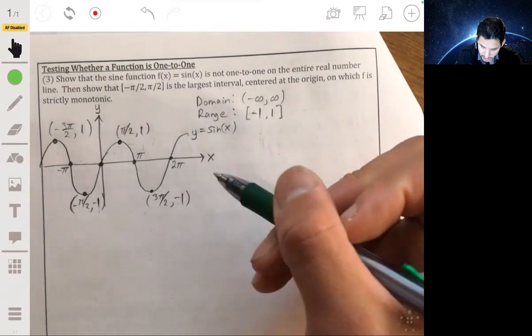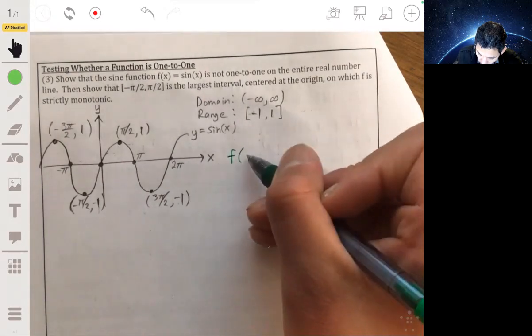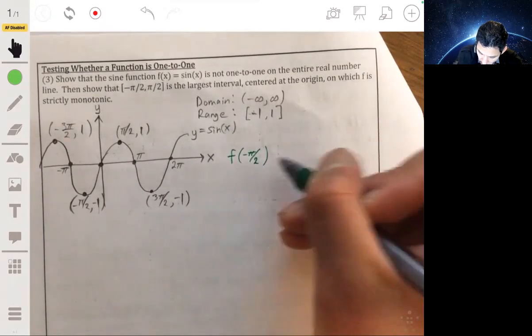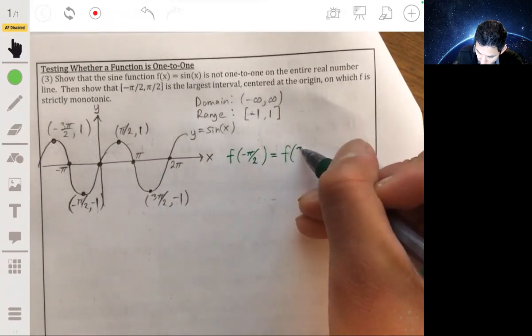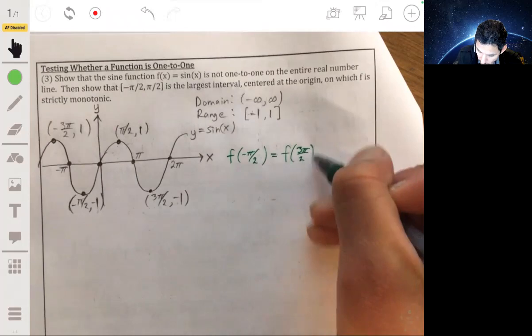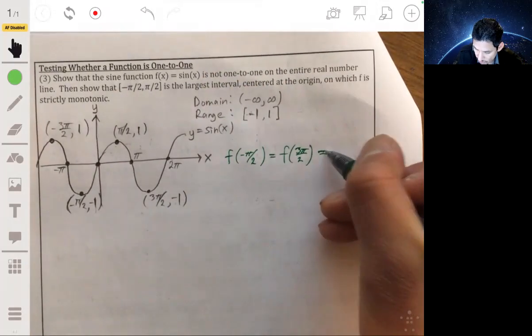Like you can show easily that f of negative pi over 2 is equal to f of 3 pi over 2, equal to -1. And we can keep it going, we can go further. That's all we need, one violation.